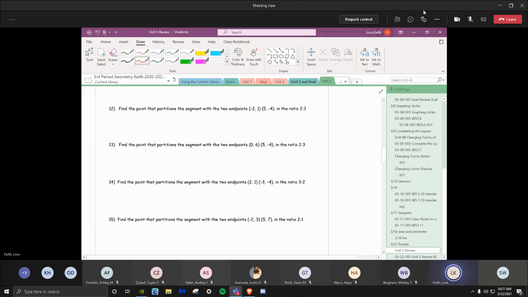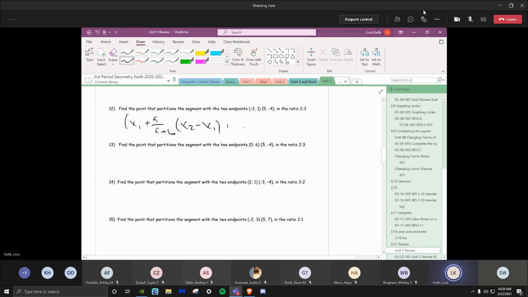Okay, so the next thing you need to know how to do is do the partitioning of line segments. Okay, so I'm going to do number 13 with y'all. So our formula is x1 plus a over a plus b times x2 minus x1.